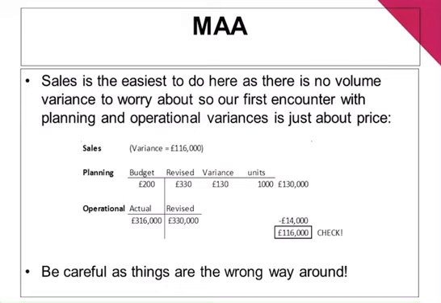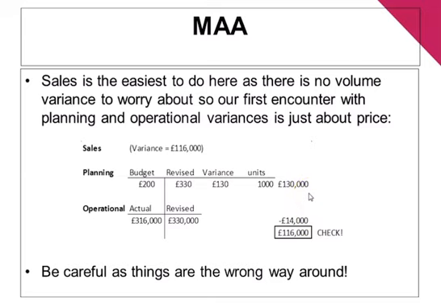When we look at our actual versus our revised, it's slightly bad news, but not the end of the world. We're slightly less than our revised, and what that means is, okay, we made a loss, but overall we've done very, very well.